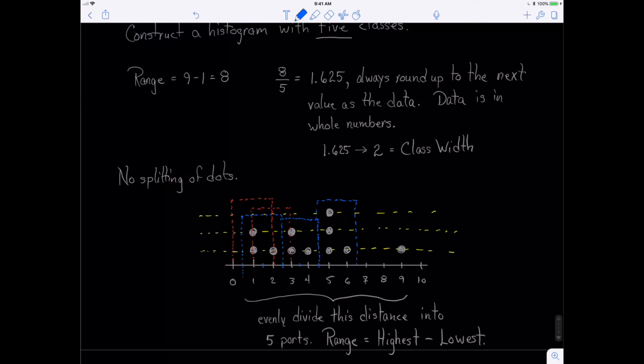Notice that this one here doesn't have any, but we can't break stride. We want to stay consistent, and it's okay to have 0 dots in a group. Then we go from 8.5 to 10.5. I should probably make a little extension here of my number line. Let's do that.